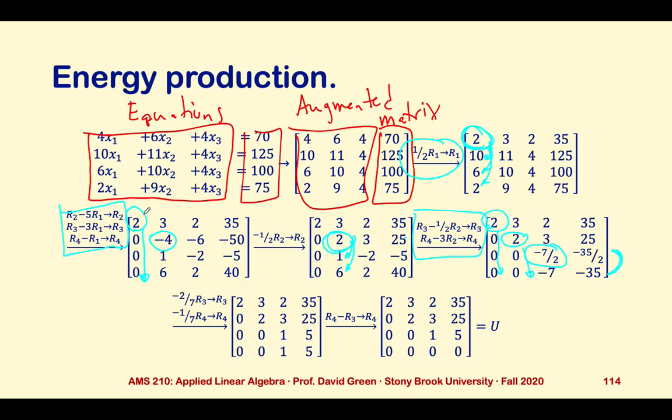You also might notice that they have a common factor, 7 and 35, and 7 and 35 with an extra factor of a half. And so we're just going to scale both of these rows here, multiplying the third row by negative 2 over 7, the fourth row by negative 1 over 7. And that's going to lead us to nice whole numbers of 1 and 5 in both of these positions.